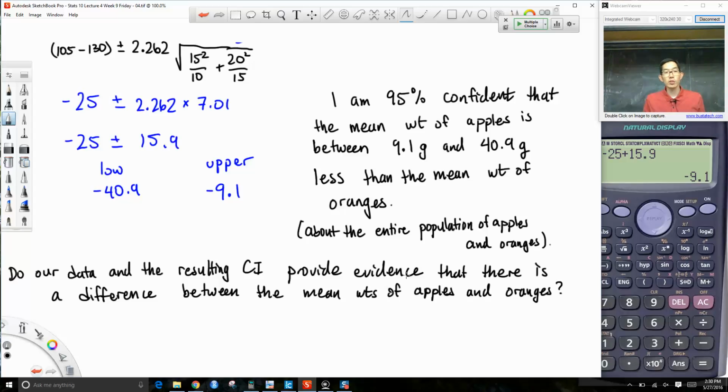So do our data and the resulting confidence interval provide evidence that there's a difference between the mean weights of apples and oranges? Your answer choices are yes or no.